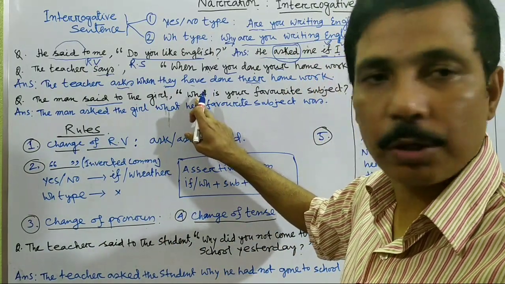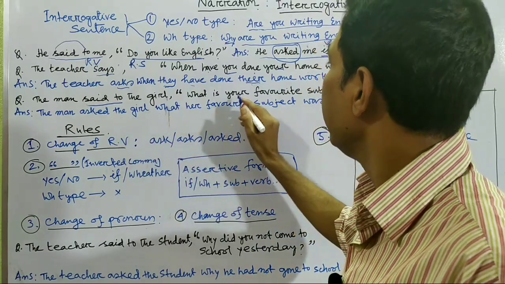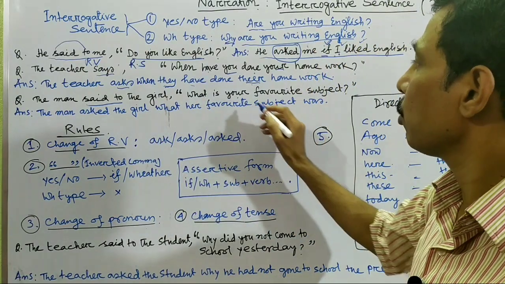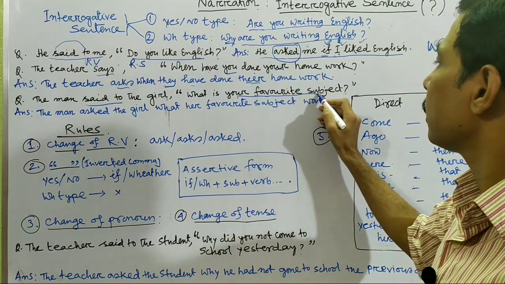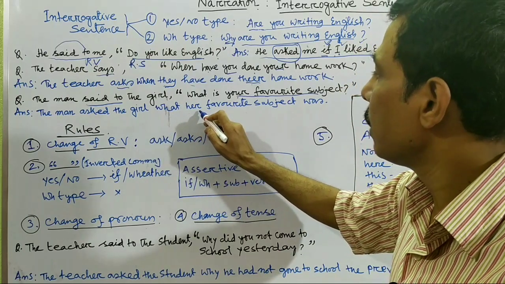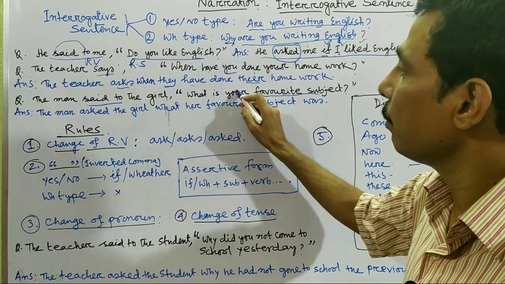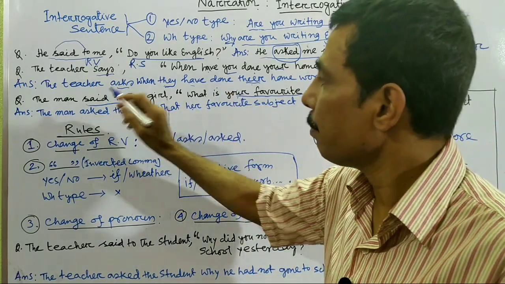As it is a WH question, what comes here? "What is your favorite subject?" Here "your favorite subject" is the subject. So after "what" comes "her favorite subject". "Your" means the girl, and "is" is changed into "was", as it is a past tense.